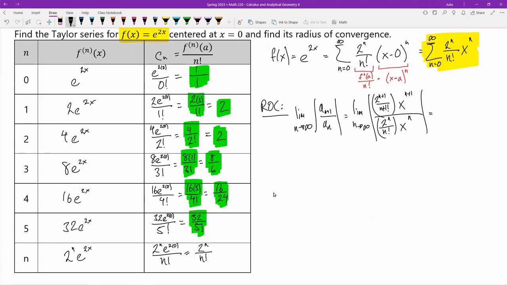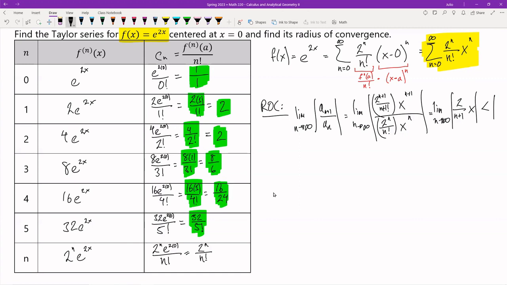This is equal to the limit as n goes to infinity. If you do it right, this is going to be equivalent to 2 over n plus 1 times x, all in absolute value. And in order for this to converge, according to the ratio test, this has got to be less than 1.